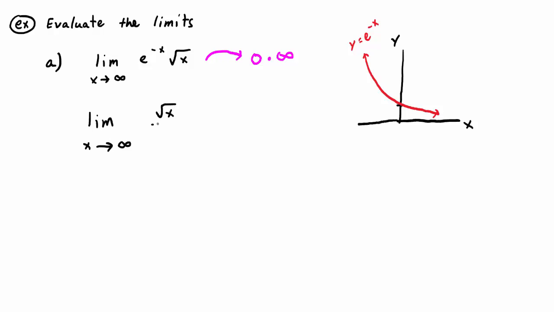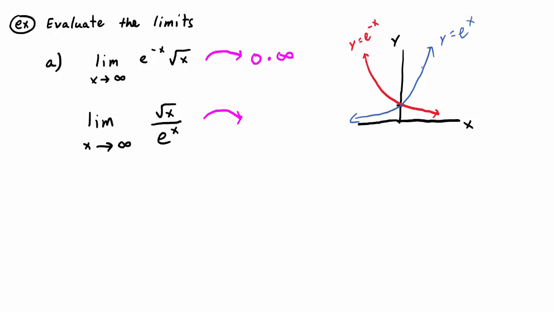I think a natural thing to do would be to rewrite e to the negative x in the numerator as e to the x in the denominator. Now, if you graph e to the x, it turns around and looks like this, right? It's the reflection of the graph in red across the y-axis.